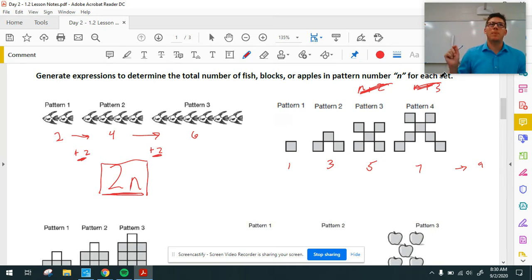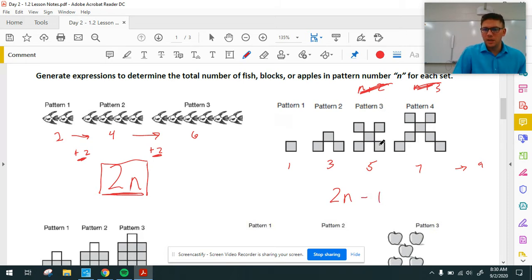This rule has to work for every single one, and it has to represent n for the pattern. So if I plugged pattern number 99 into this expression, I should get back the total number of blocks. Okay, so look how they're almost double, like 4 to 7, 3 to 5. It's almost double, 2n, but it's actually 1 less. If you double 4, you get 8, 1 less.